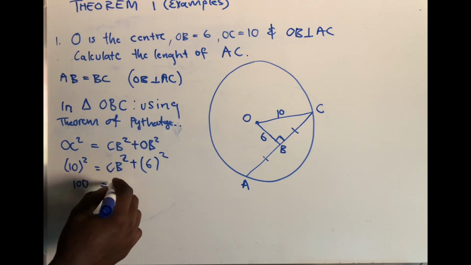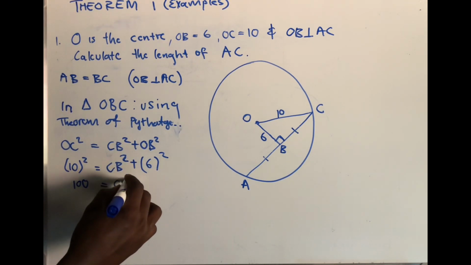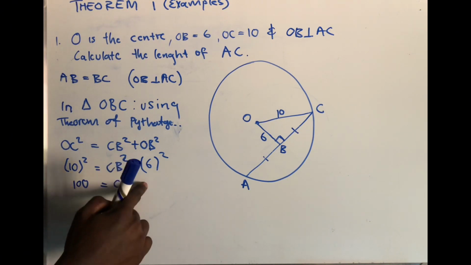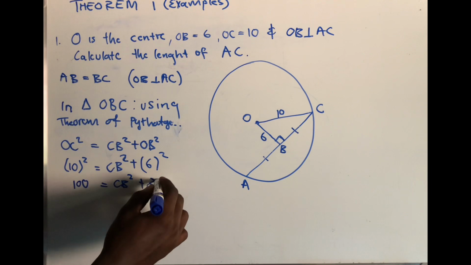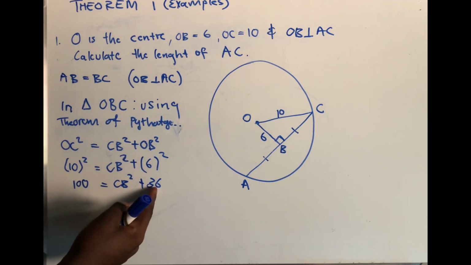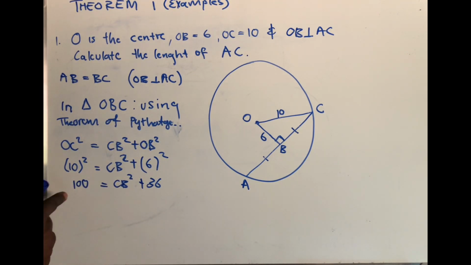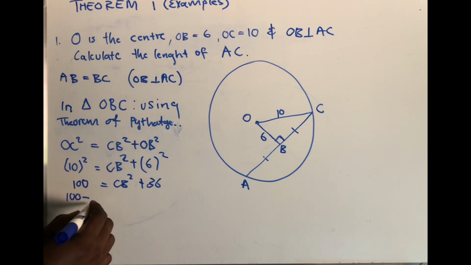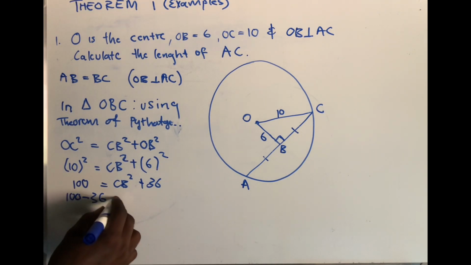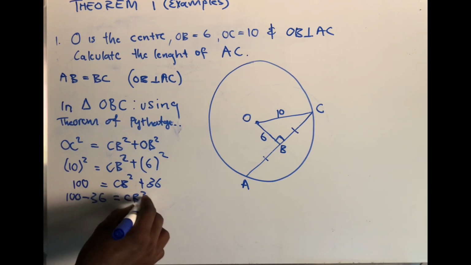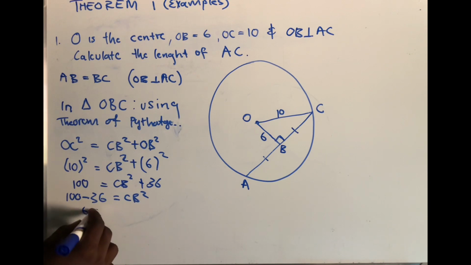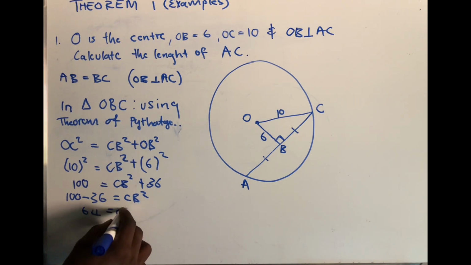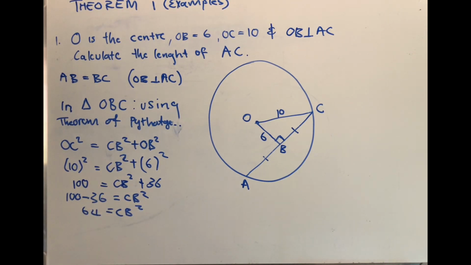CB we don't know, so we write CB squared plus 6 squared, which is 36. Take the 36 to the other side. 100 minus 36 is 64, which equals CB squared.